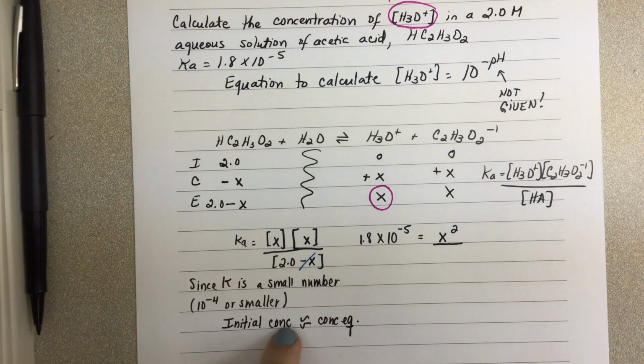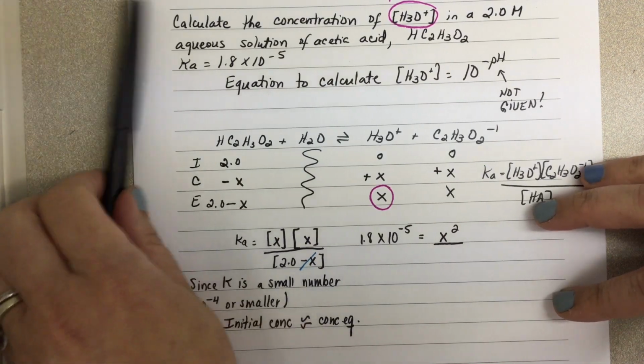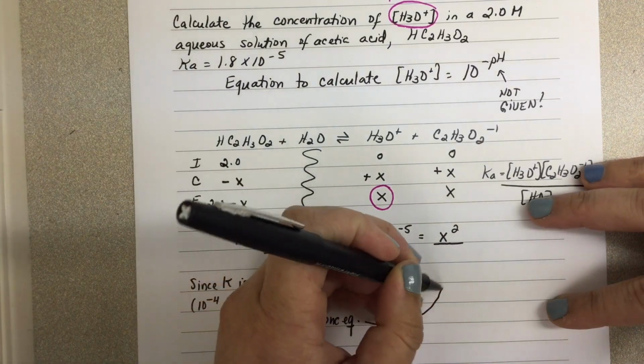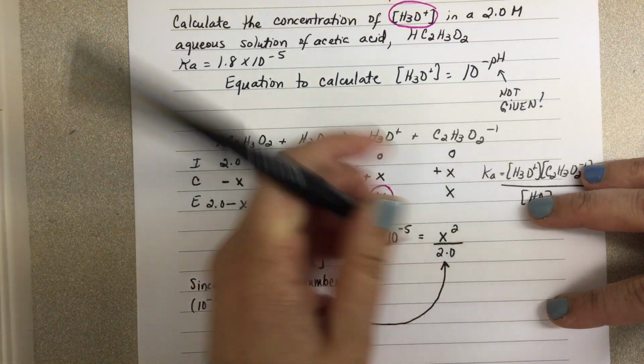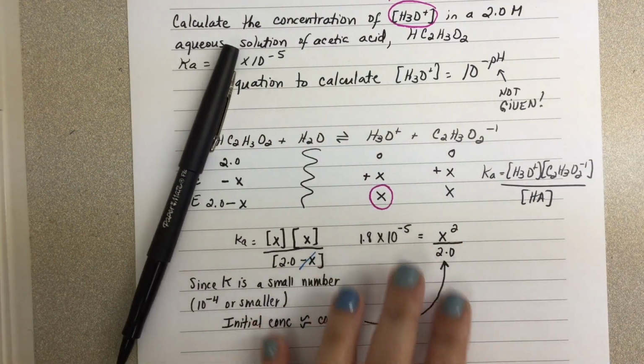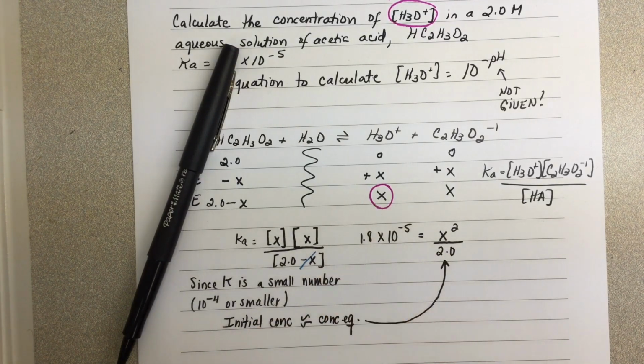My initial concentration is almost the same as the concentration at equilibrium, so what I'm going to do here is just write down 2.0. And now you can solve for x, which is what you're trying to calculate.